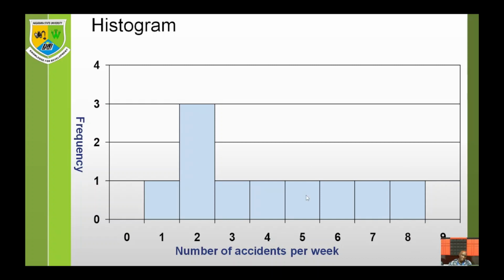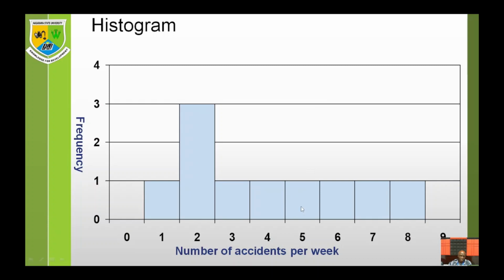The difference between this chart and the previous one is that for this one, the bars are linked, and this is a histogram. In the first one, the bars stood alone, and that is the polygon.